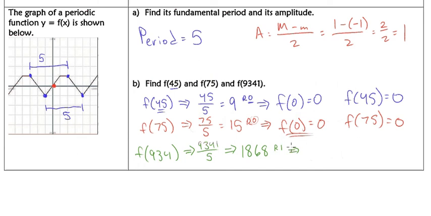So there's 1,868 cycles that are going to happen before we get to it, but it continues repeating in a very predictable manner. And so this is really going to be f of 1 when I find out its output. And what is f of 1? Well, on this graph, it's 1. So what is f of 9,341? Well, it's just 1. All right, hope that helped.